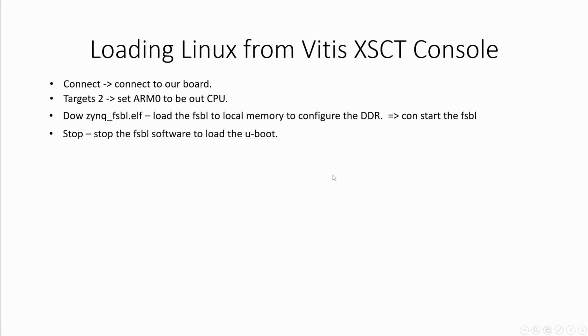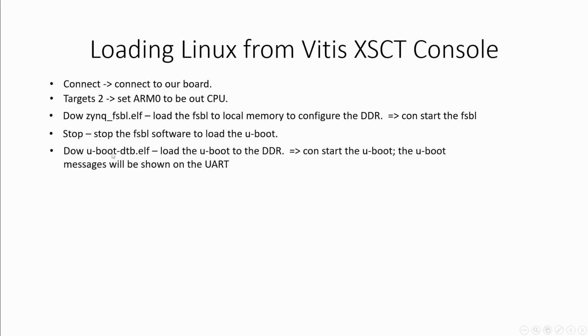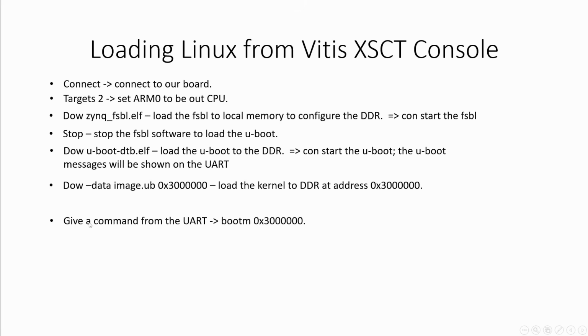Then we'll stop it and load the U-Boot, and let it run. Then we'll see some messages on the UART. Then we'll download the image to the address where the U-Boot expects the kernel to be, and then we give a command to the U-Boot through the UART, and we'll see the Linux running.